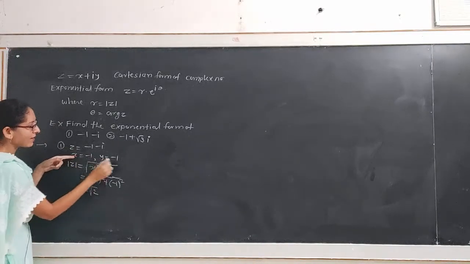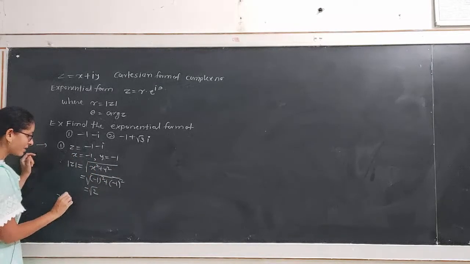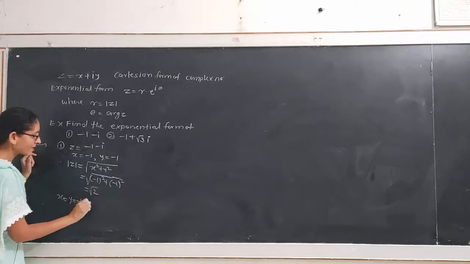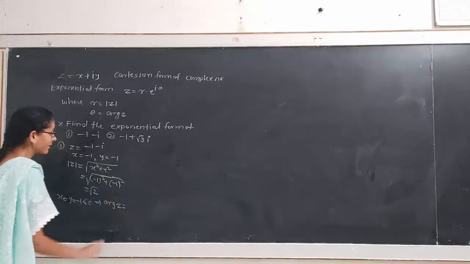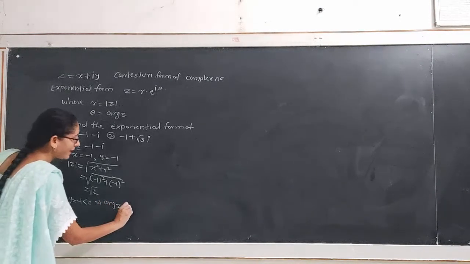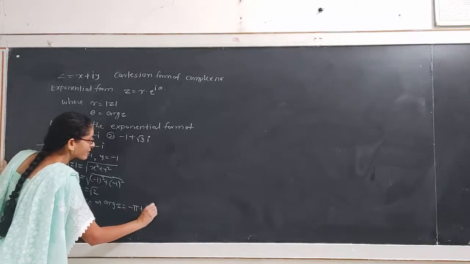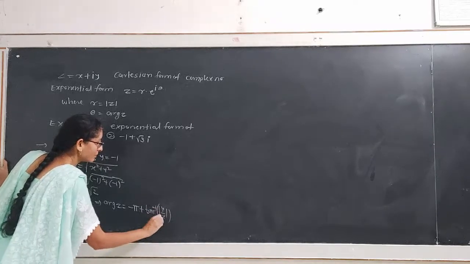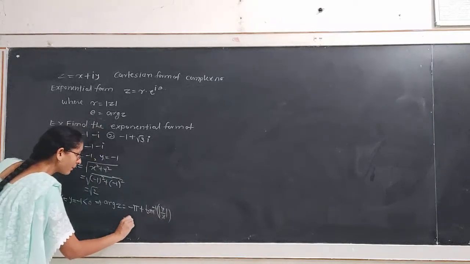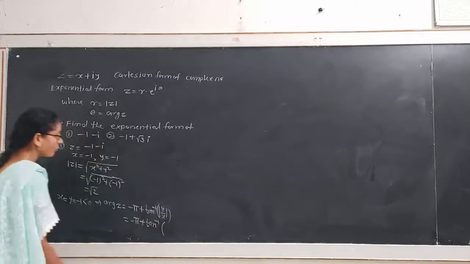And x and y are lying in the third quadrant, x equal to -1 and y equal to -1, both less than 0, which implies the argument of z, in the third quadrant, we find by -pi plus tan inverse of mod of y upon x, which is equal to -pi plus tan inverse of y upon x.